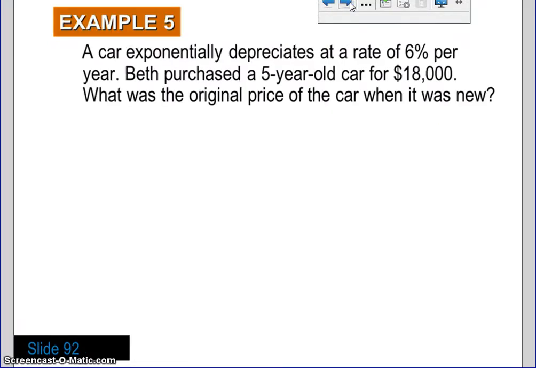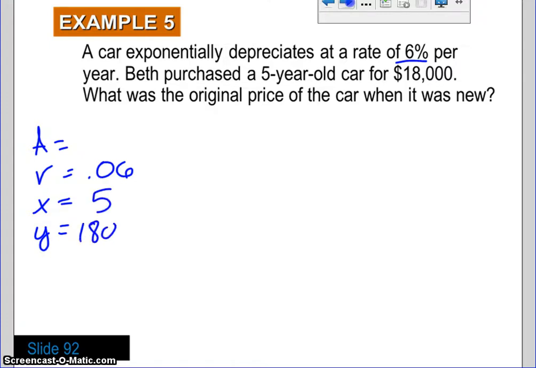All right, example 5. It says a car exponentially depreciates. So I'm going to put my variables on the side as we've been doing all course. It exponentially depreciates at 6% per year. Beth purchased a 5-year-old car for $18,000. So when the car was 5 years old, it was worth $18,000.